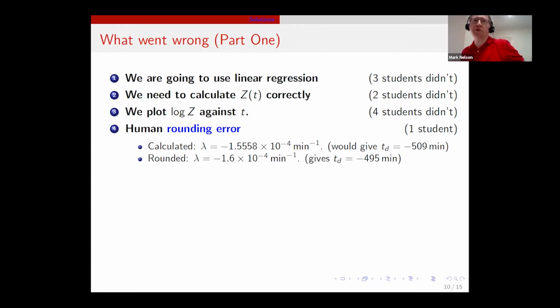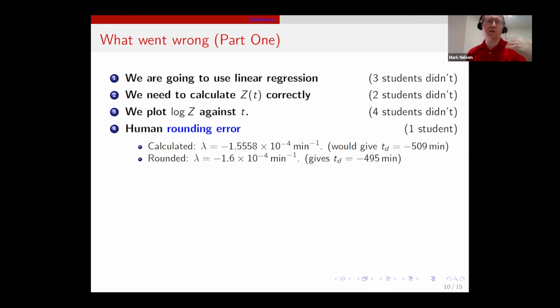Now, I suspect that what happened here is, there's a lot of talk in the class about when you get your final number, it can't be more accurate than the data that you've used to calculate it. I think what the student forgot here is that when you do intermediate calculations along the way, these intermediate calculations are allowed to be more accurate than the data that you're using.